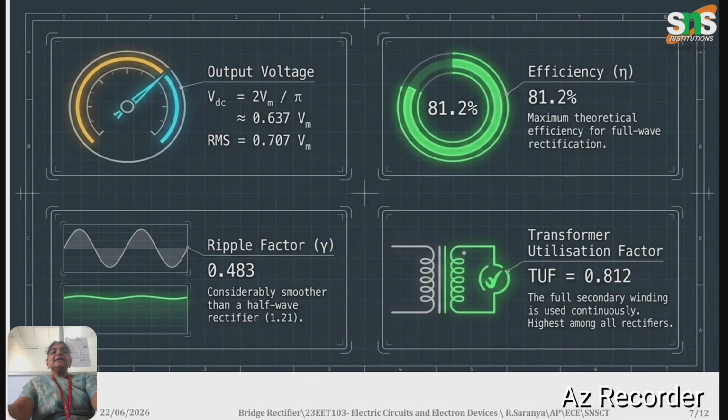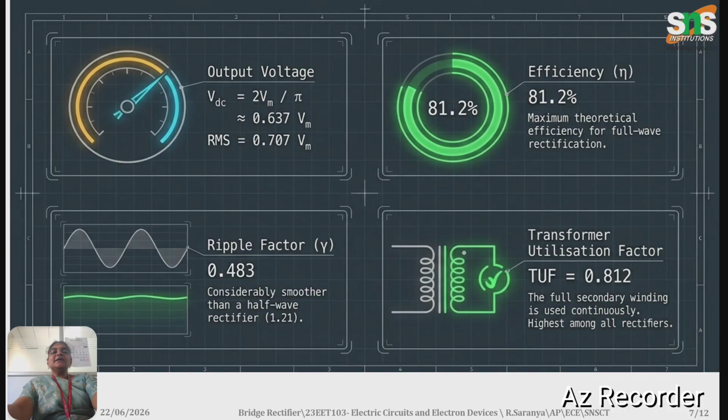Coming to the parameters, the output DC voltage Vdc is twice the peak voltage divided by pi. The RMS value is approximately equal to 0.707 Vm. The efficiency is 81.2%. It is the theoretical efficiency, which is equivalent to the full wave rectifier.